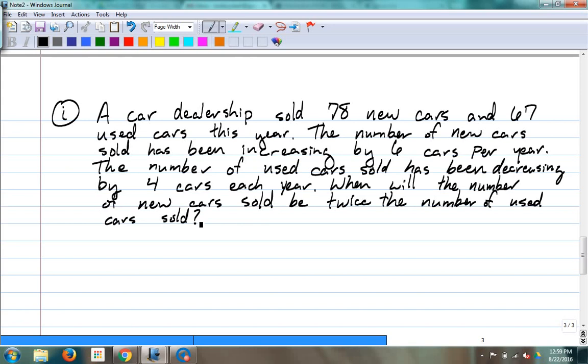That's our question. When will the number of new cars sold be 2 times the number of used cars?